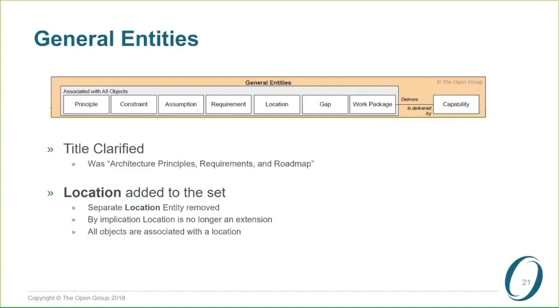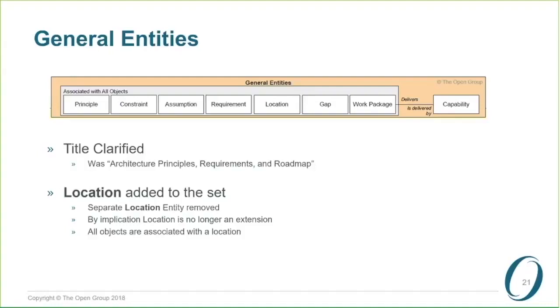We've moved the location entity into this category because location shouldn't be something that just sits in the business architecture with one or two random links to a few things. It is a characteristic of every part of the enterprise. The location is a significant factor. So we've taken the location entity out and put location into general entities.